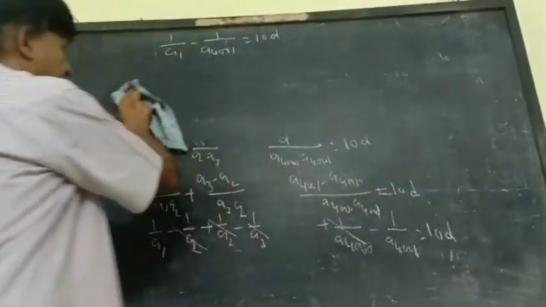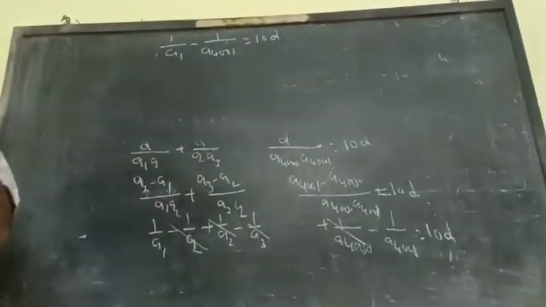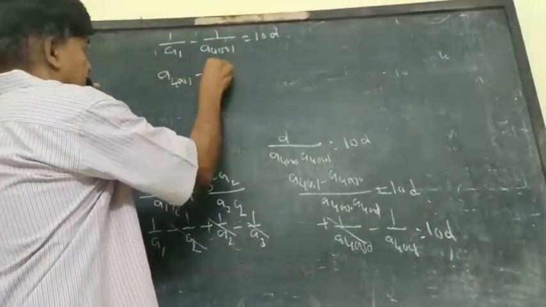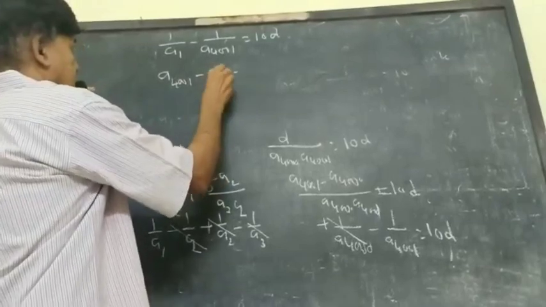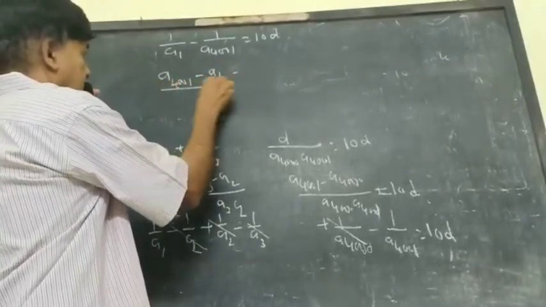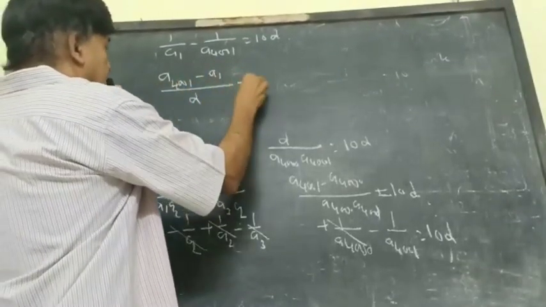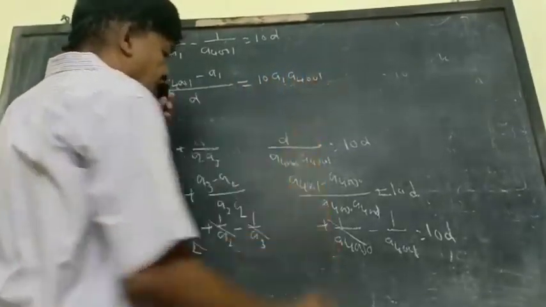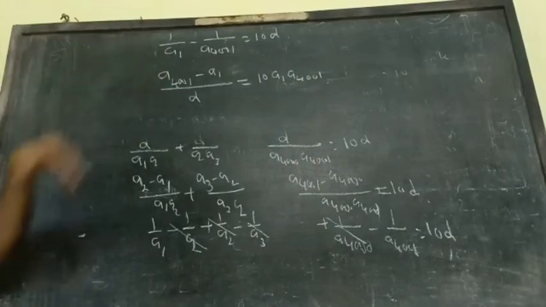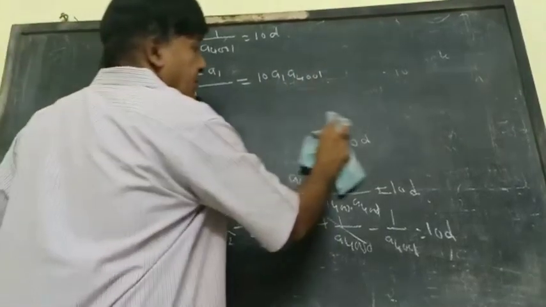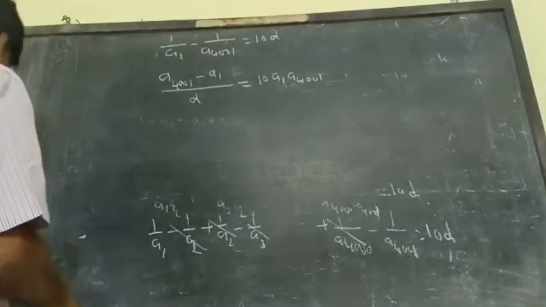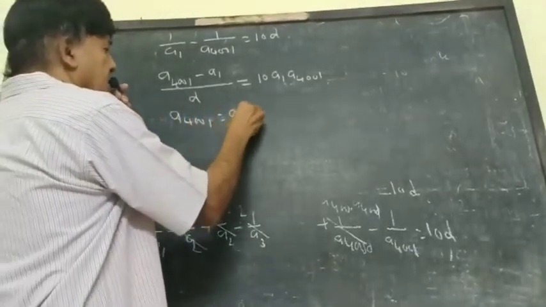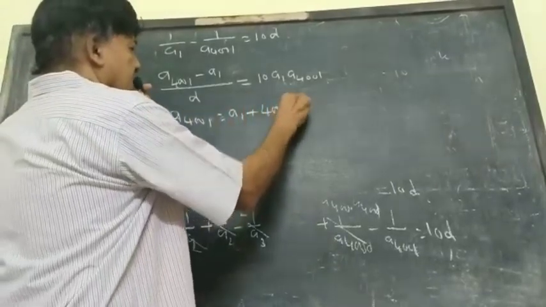Okay, understood? Now this is as good as A4001 minus A1 by D is equal to 10 A1 A4001. Bring D to this side. A4001 is equal to A1 plus 4000D.